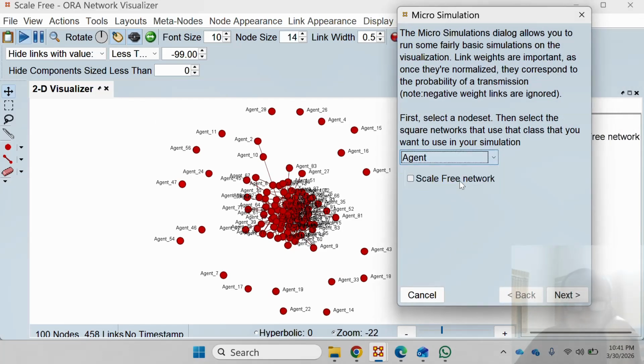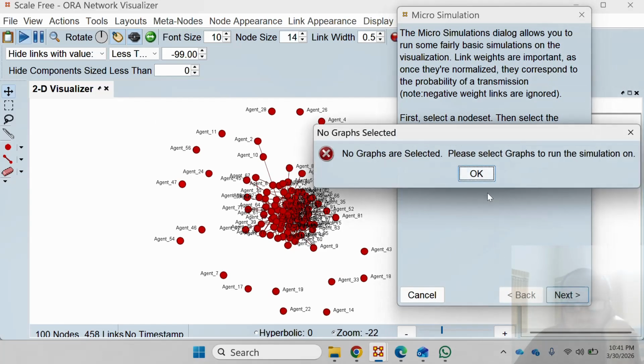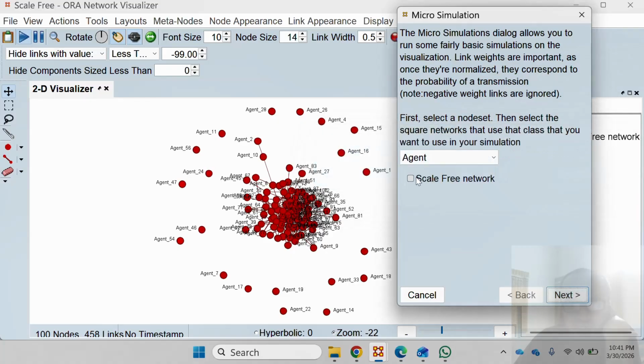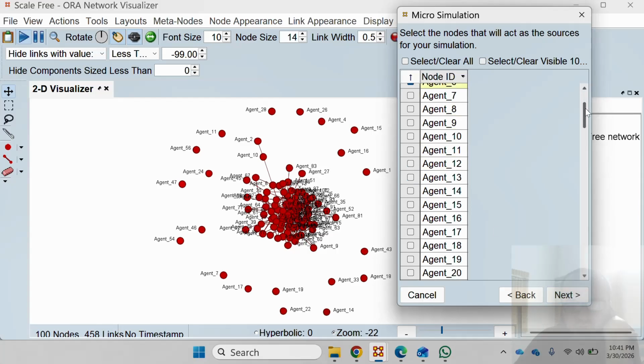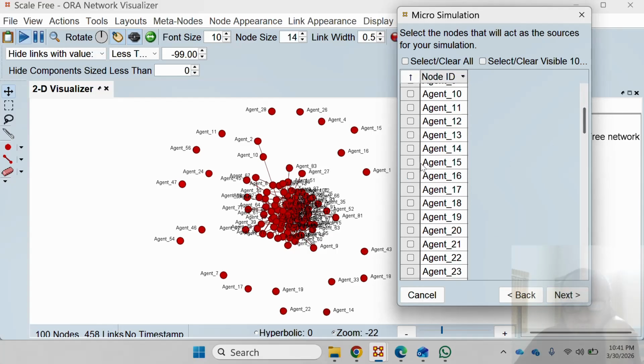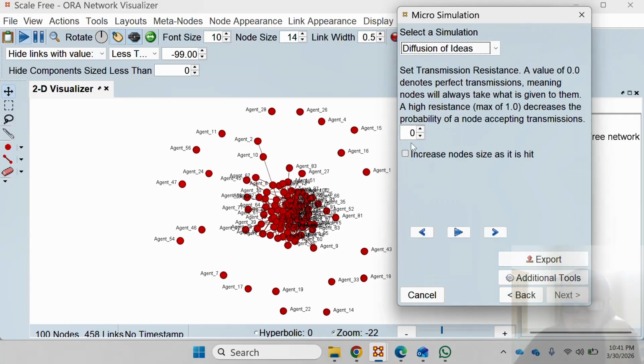Select a node set, agent, and we have to select the scale free network as well. Next, the source agents, again node number 6, and node number 14 if I recall correctly. And I say next, again the resistance, and increase number.